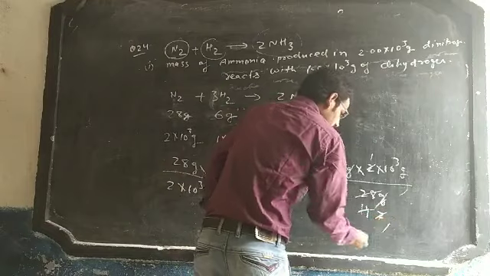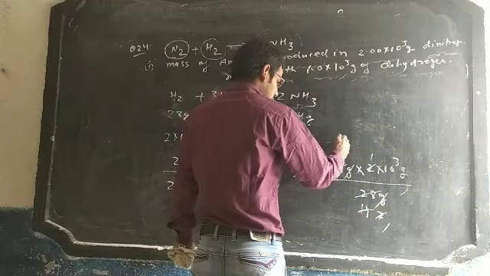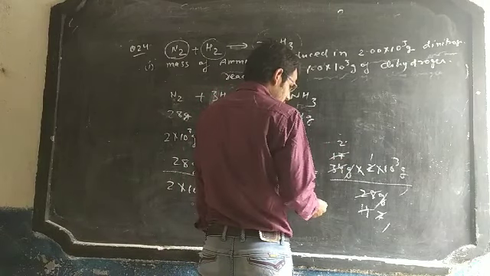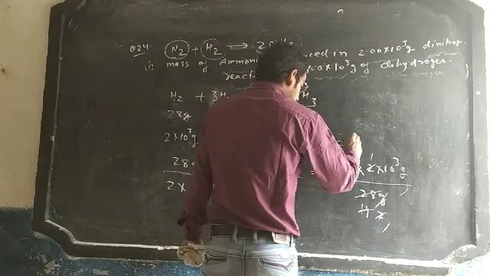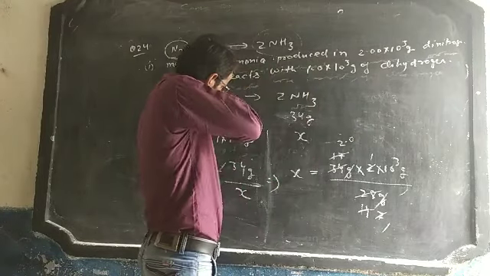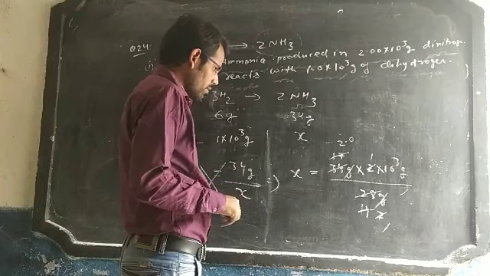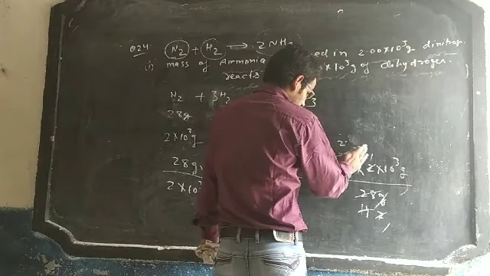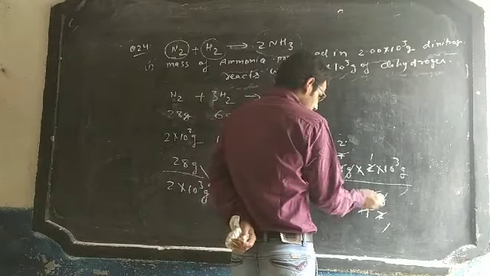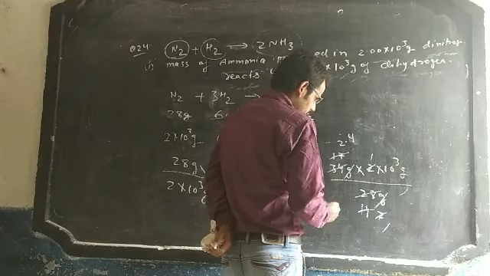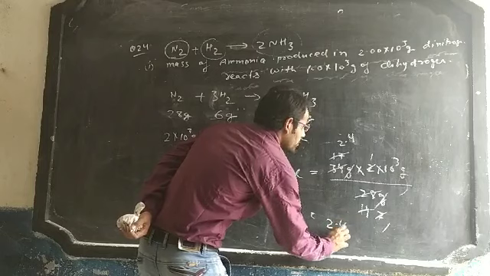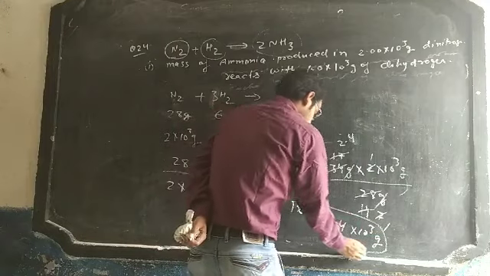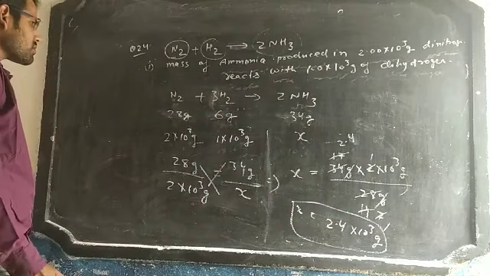How much? 7 one time, 2 times 14, 3 decimal, 0. How much? 7. 7 times 7, 2s are 14, 3 carry 30, 2.4. Okay, 2.4 × 10^3 gram. This will be the value of X. You can solve easily in this way also.